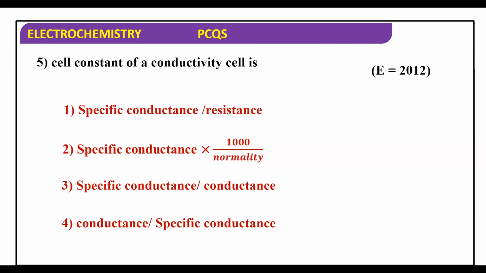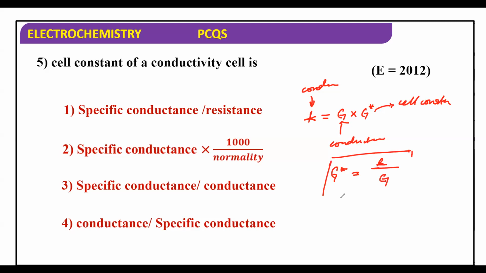See, we should remember this small formula, that kappa is equal to conductance, that is G, multiplied by G star, right? Where this is conductivity or specific conductance. What is G? This is basically conductance. G star is the cell constant. So we can say that G star will be equal to specific conductance, that is kappa, upon conductance, that is G. Not a very tough question.